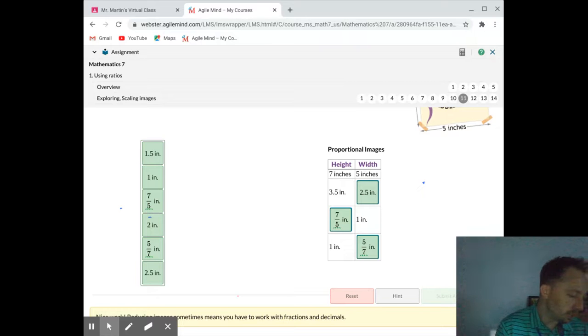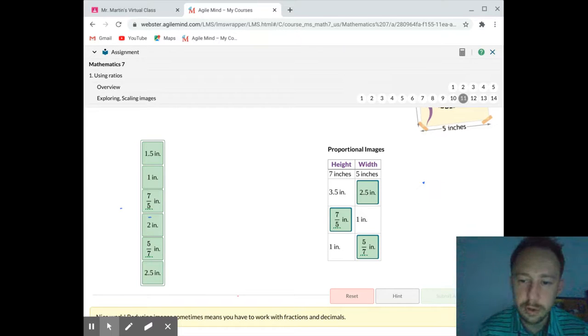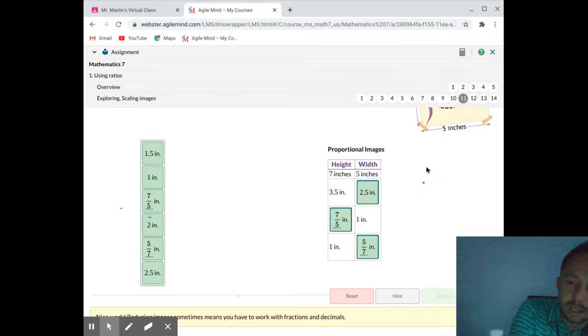All right. So to end this, why is the order in which you divide to find a scale factor important? Say that again. Why is the order important when we divide? Talk real loud, Jamal. I said, can you put it in another way? Okay, yeah. All right, so earlier we had to do 5 divided by 5 to figure out 1. Right here.